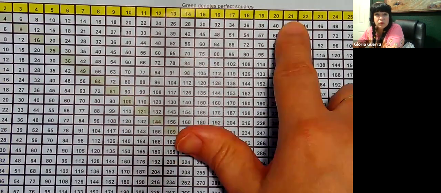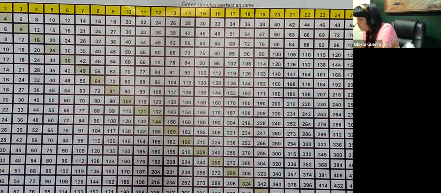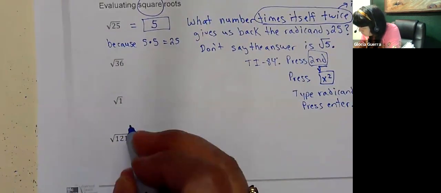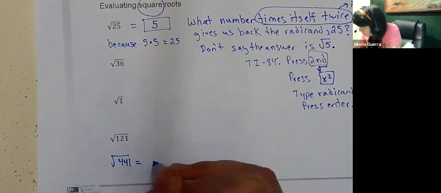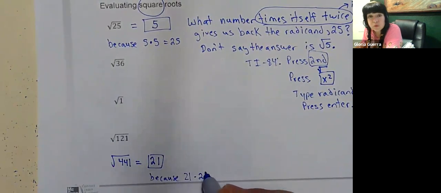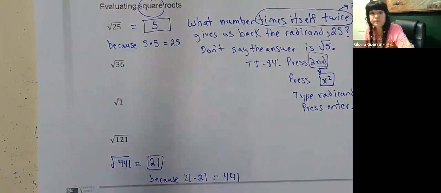So that would say, and I don't see that on here, it's not one of these, but if I were to say the square root of 441, that would equal 21. And the reason is because 21 times 21 equals 441.